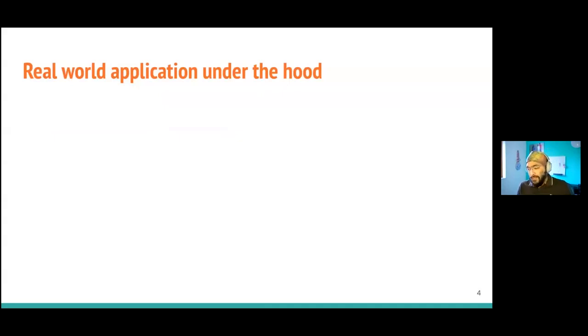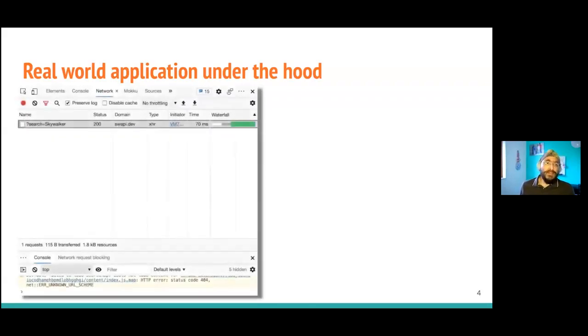Now, under the hood, when you're talking about a browser, the browser has a section called the developer tools. In Chrome, we call it the Chrome Dev Tools. Firefox has its own, Safari has its own, even Edge has it. So what happens is when we run a search in this application, it makes a backend call.